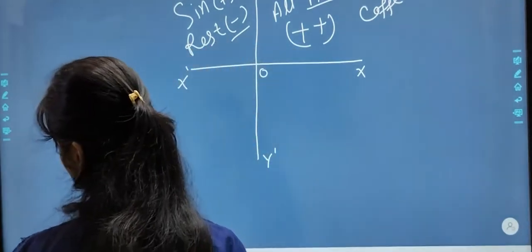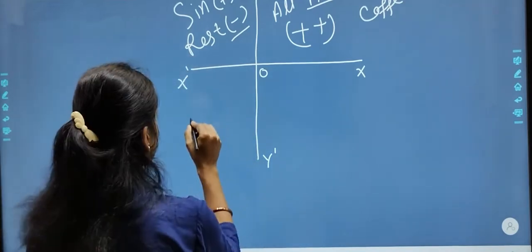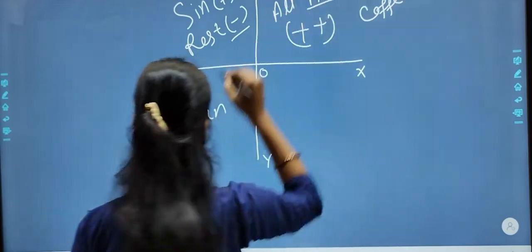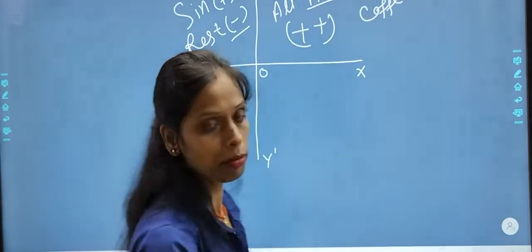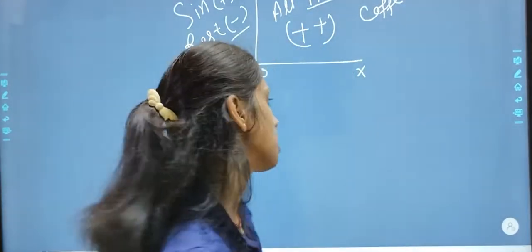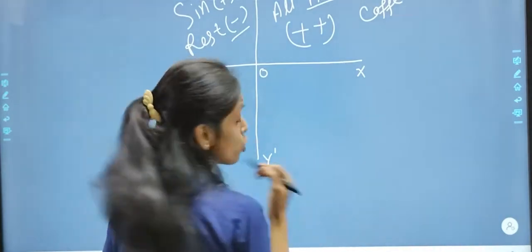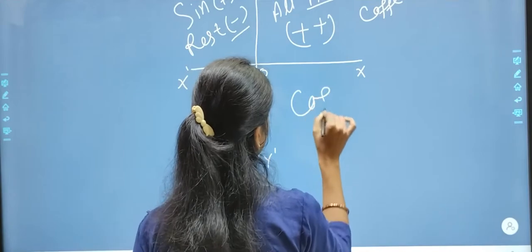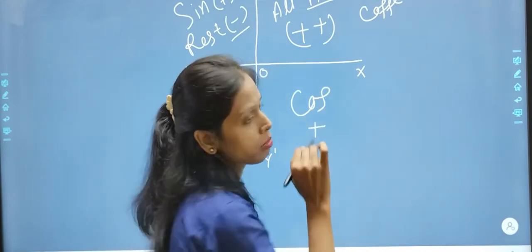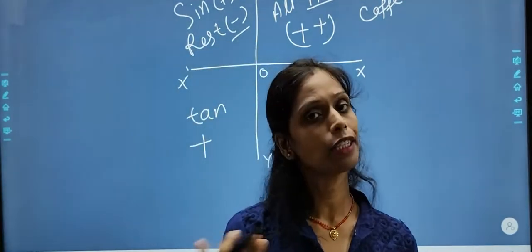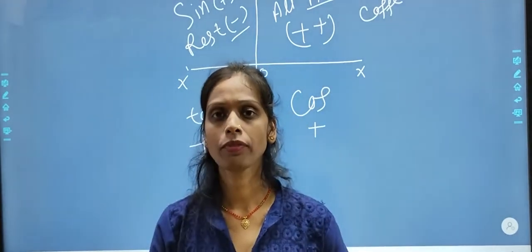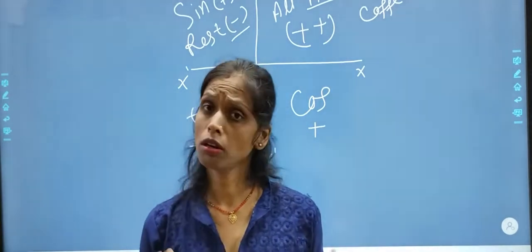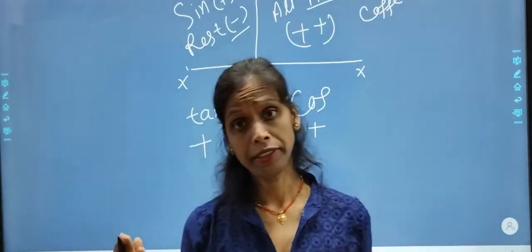Third one is always tan, 2 means T. Tan is positive in the third quadrant always, and the rest are negative, whereas cos is positive in the fourth quadrant and the rest are negative. Then this is all about the trigonometrical signs. Okay.